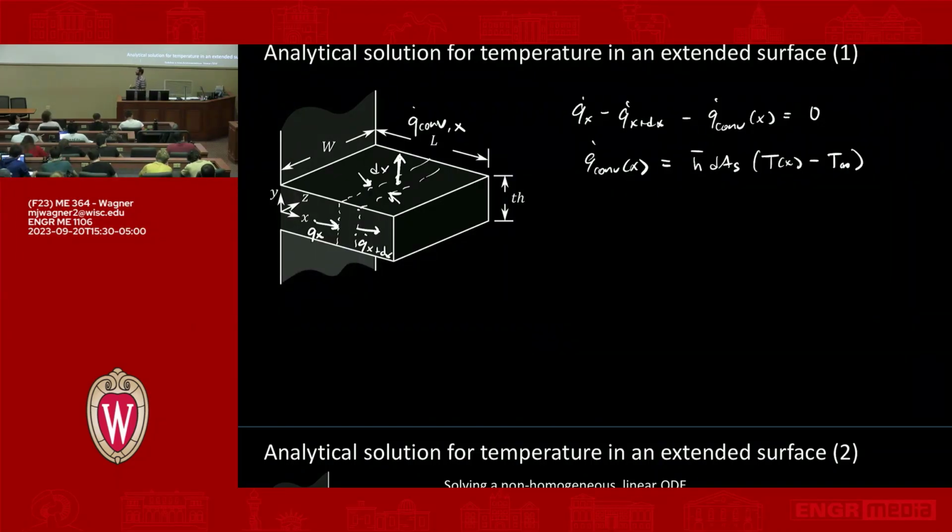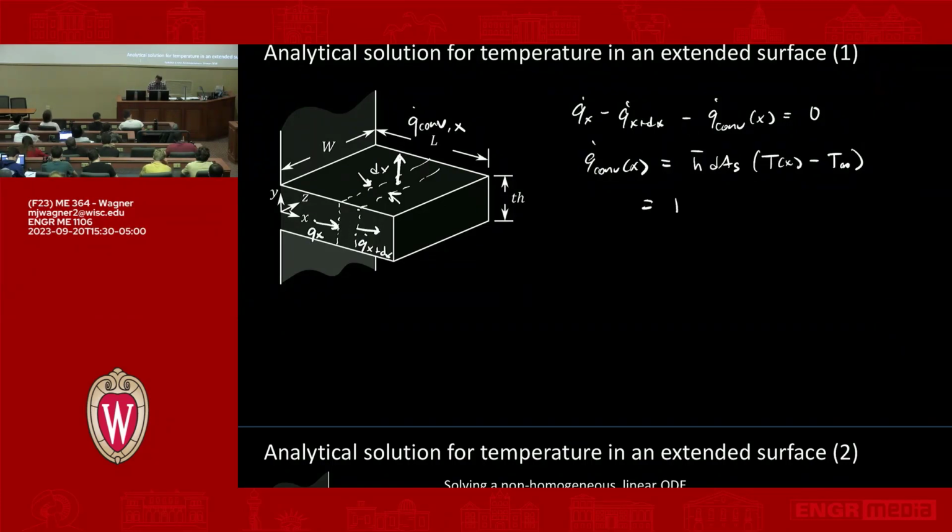So a couple things here. h bar, let's just assume that's a constant. T of x we don't know, right? We're trying to solve for temperature, so we don't know that. We just know that the heat transfer is related to that particular temperature at whatever that position is. dA_s, that's some differential area.